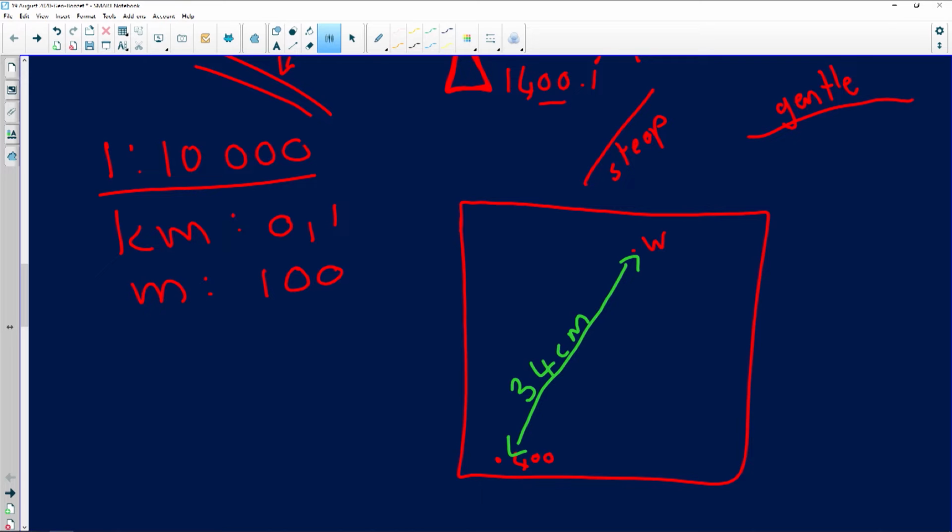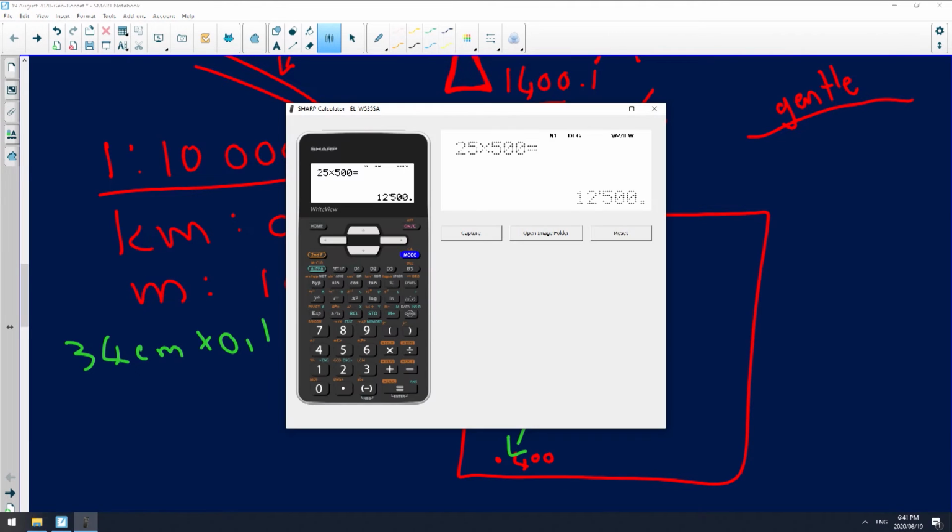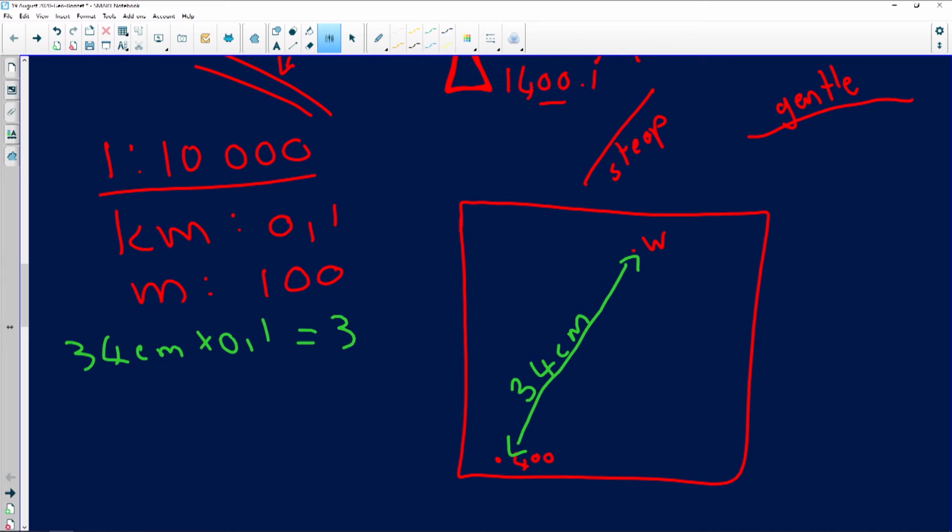Now you've got the distance between the two areas. So let's assume the examiner asks you to calculate your answer in kilometers and meters. So what do you do? 34 centimeters times 0.1. Once again, don't be too clever, use your calculator. It's 34 centimeters times 0.1, and you'll get an answer of 3.4 kilometers.